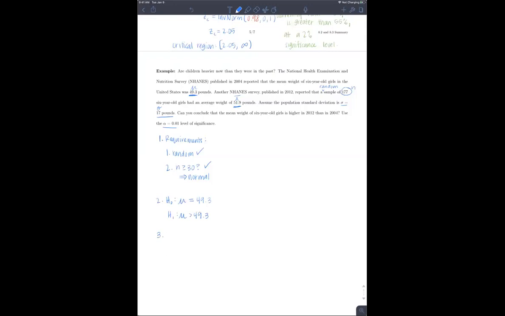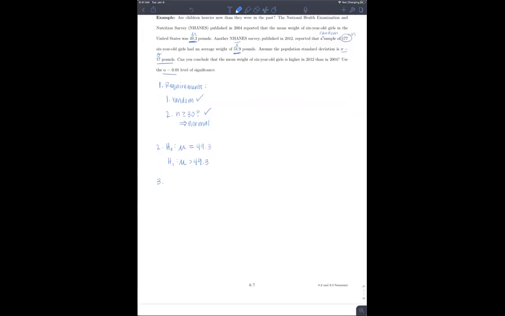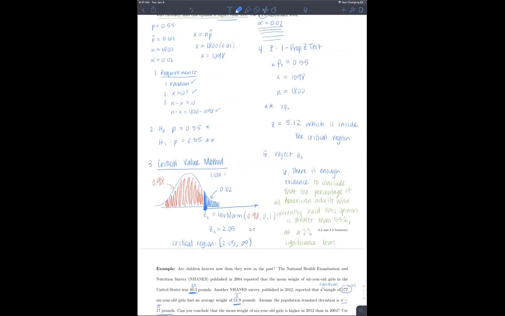In either case, I have to find the test statistic z, but I can use either method. Here we're going to use the p-value method. Let me make a little note: can also use the critical region method, or the critical value method, whatever I was calling it. And up here, I'll put a note, can also use the p-value method.